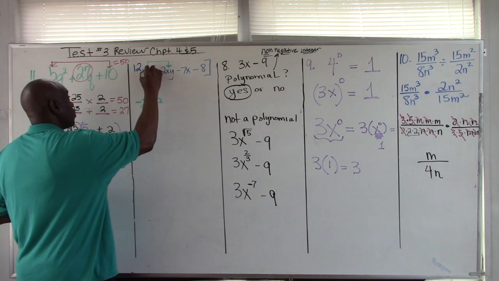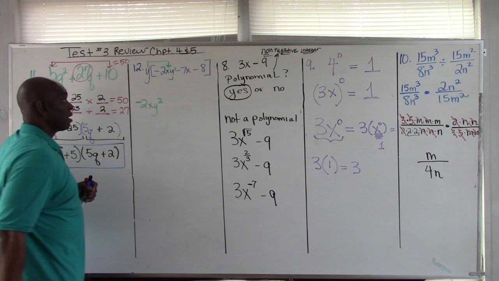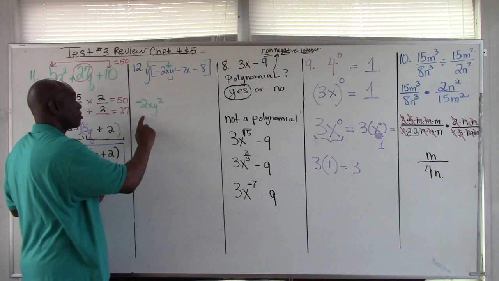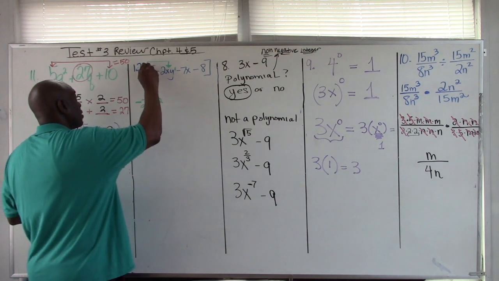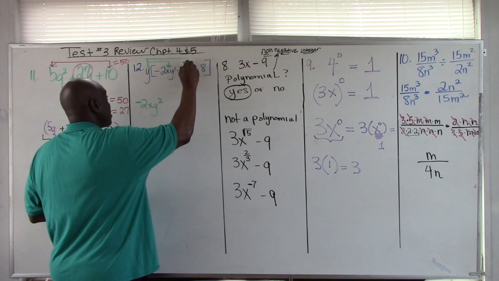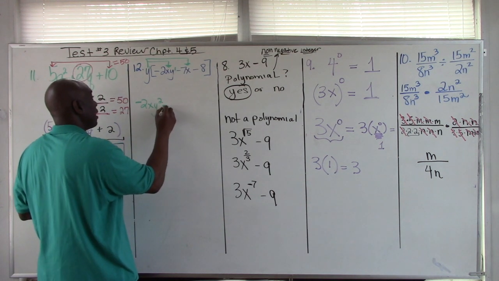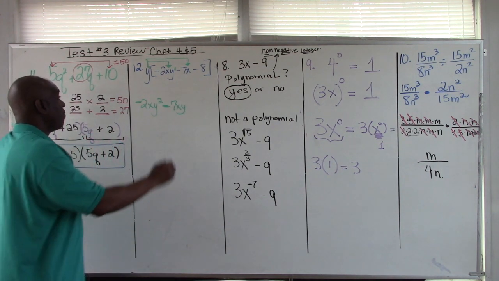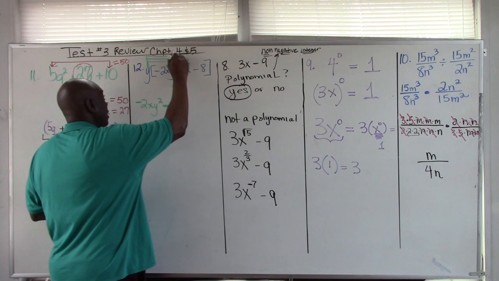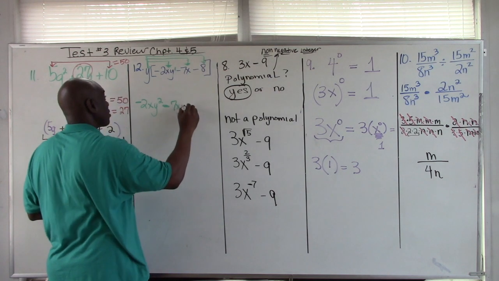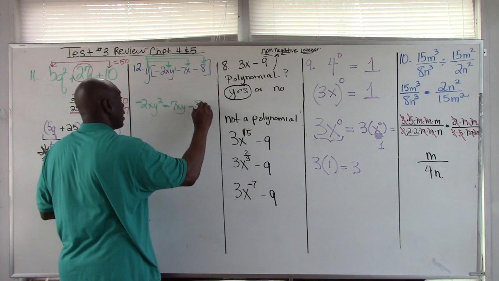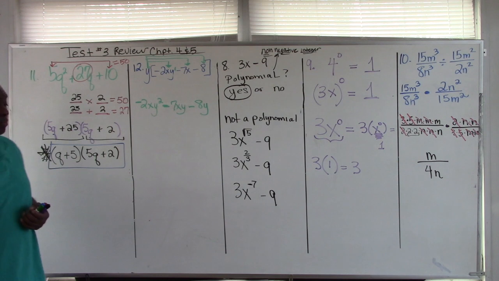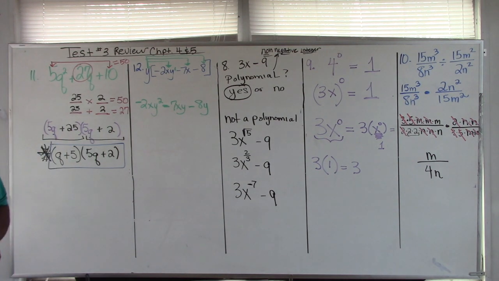Because the power of y is 1, the power of y is 1. And last I checked, 1 plus 1 is 2. You add the powers. Alright, and then you take y to the power of 1 times a minus 7x. That's going to give me a minus 7xy. And then we take y times minus 8. That's going to give me a minus 8y. That's done. Nothing left to do. That's the answer.